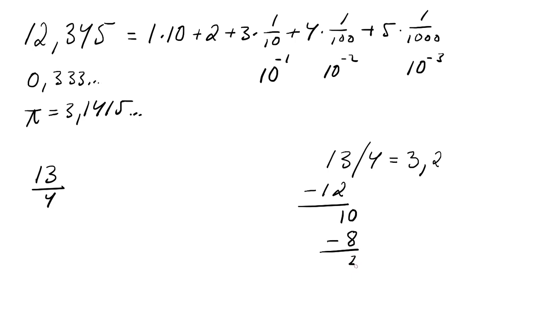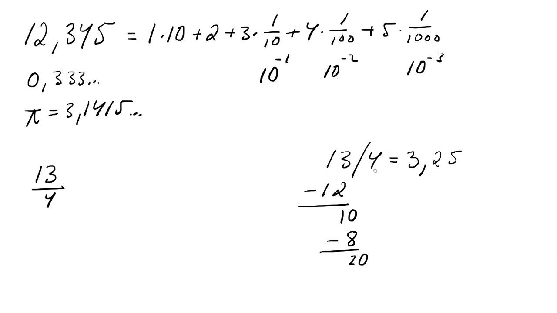And still we don't have a 0 in the remainder. But we can change these tenths to hundredths. So 2 tenths is 20 hundredths. And if you divide up 20 hundredths among 4 people, then each gets 5.